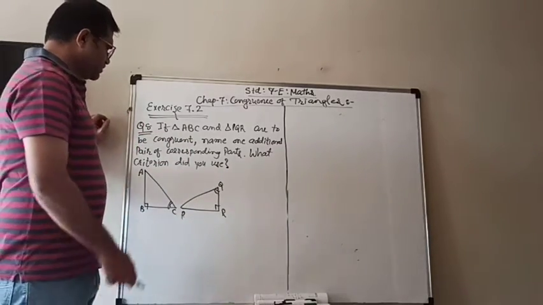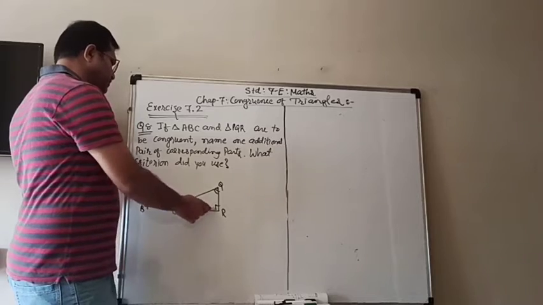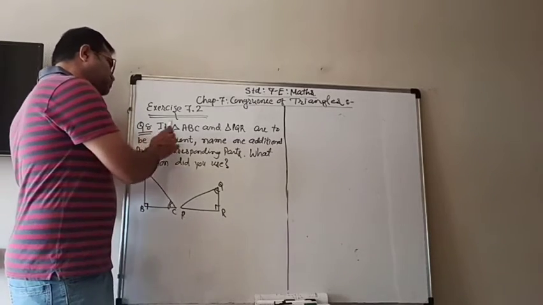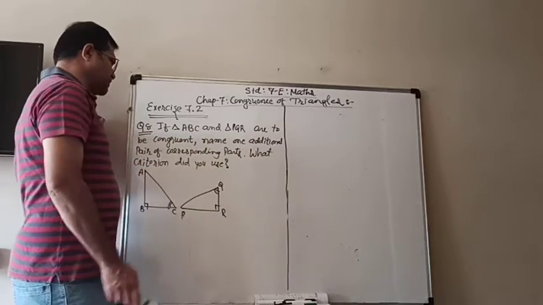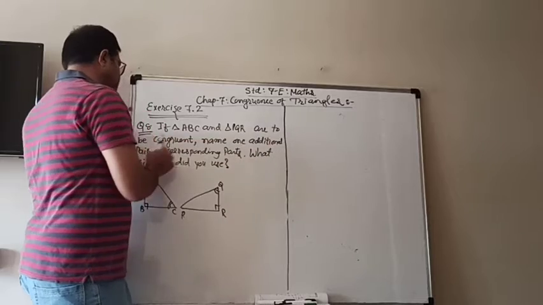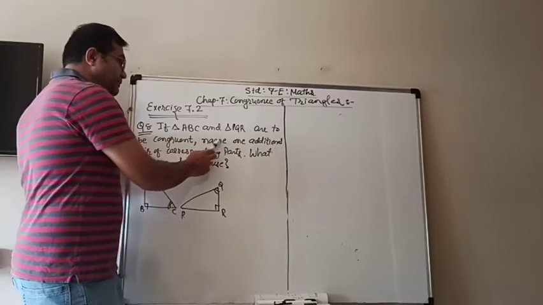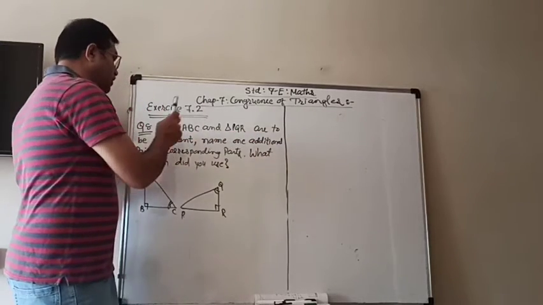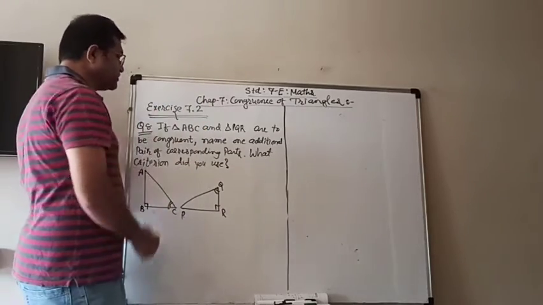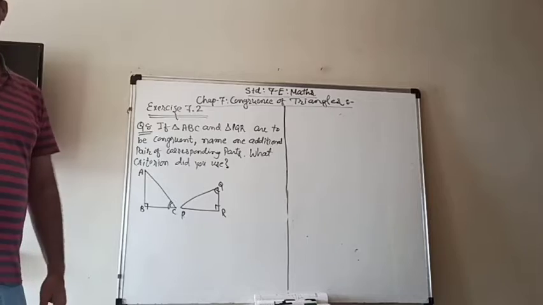Here the two figures are given with some parts marked, and the two triangles are congruent. As written, if triangle ABC and triangle PQR are to be congruent, name one additional pair of corresponding parts, and what criteria did you use?